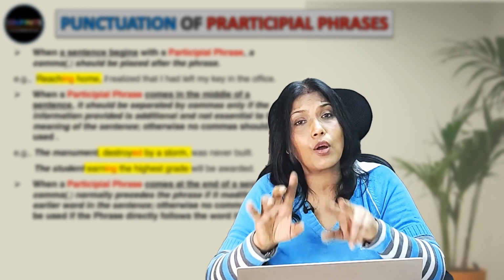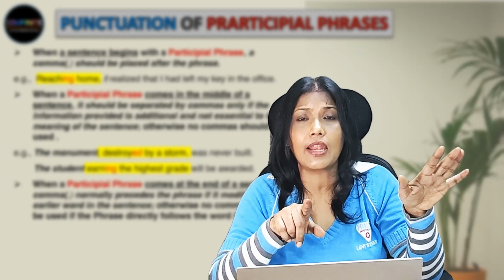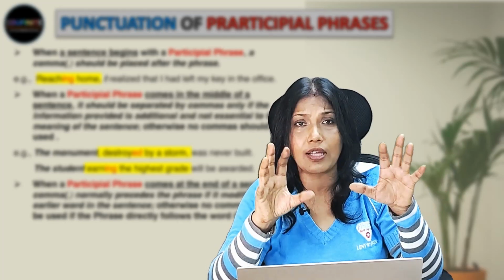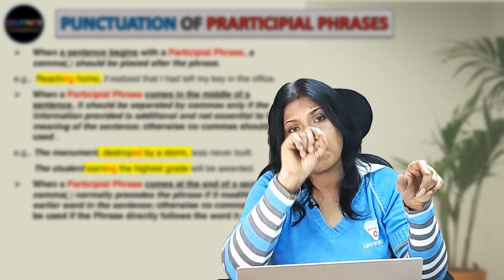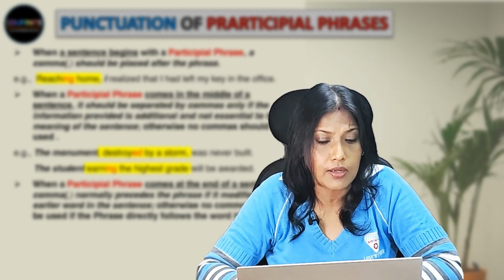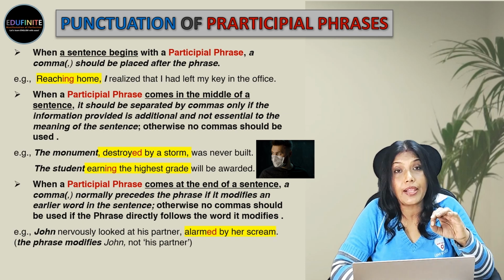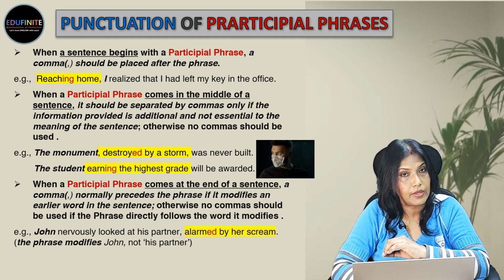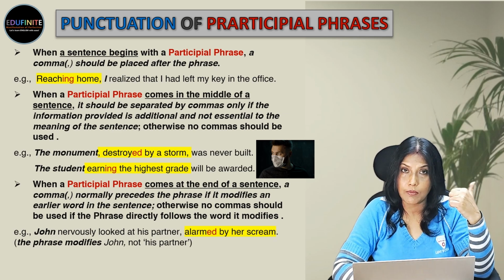But if it is modifying some noun which is much earlier, because after that there is again another noun, then to specify that you are modifying the noun that has been mentioned earlier, you put a comma. Let's look into the example to understand. John nervously looked at his partner, alarmed by her scream. So, who was alarmed? Not his partner. John was alarmed.